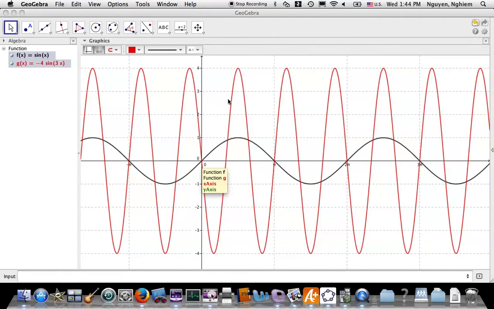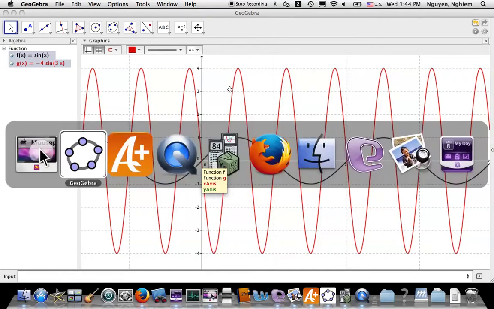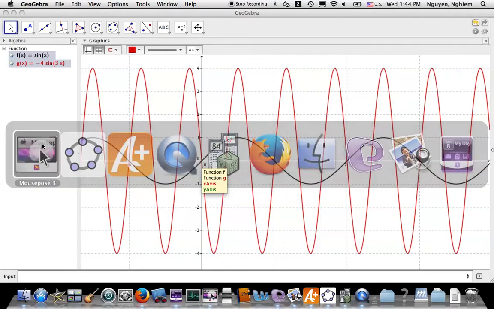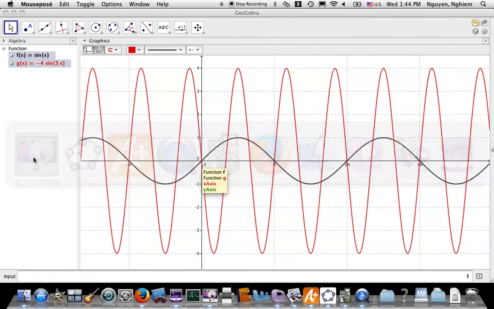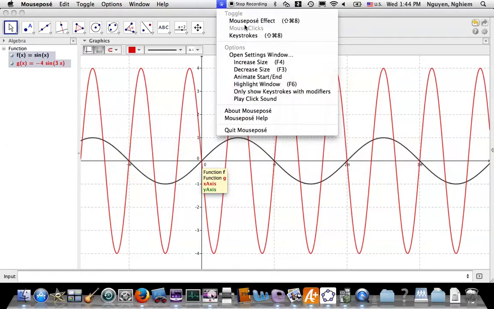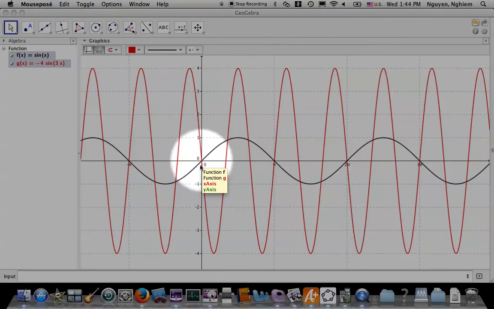Okay. So before, the waves started out by going upwards, and now the waves are going to go downwards.